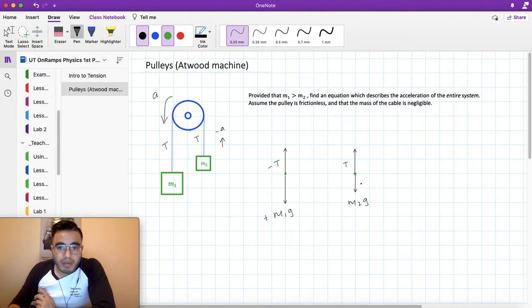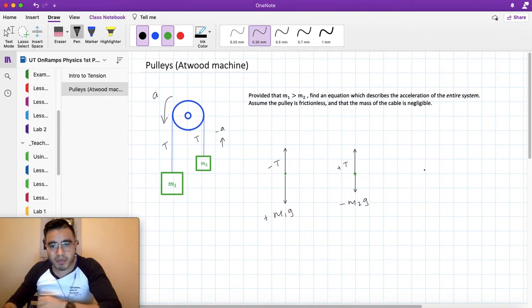However, for mass 2, it's a bit different because the tension on mass 2 is pulling it upwards, but is with the overall motion of the system, right? Counterclockwise. Therefore, tension is positive for this one, and the weight of mass 2 is kind of slowing down mass 1, therefore is against the motion, so we label it as negative. You'll see why this is going to be very helpful.